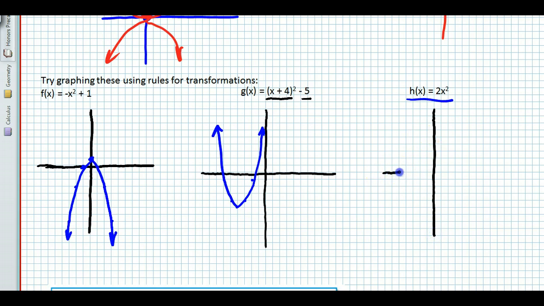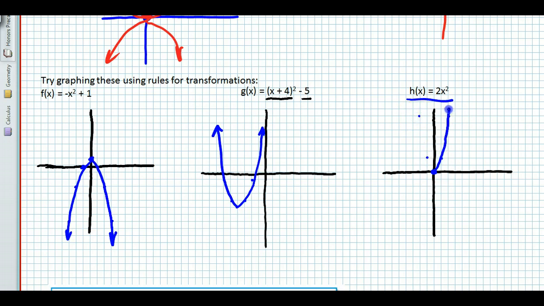Okay, now here a is positive 2, so it's concave up, but it's increasing twice as fast. So my origin is my vertex, and instead of going to 1, 1, I'm now going to go to 1, 2, because every y value is going to get doubled. Instead of going to 2, 4, I'm going to go to 2, 8, because every y value is getting doubled.